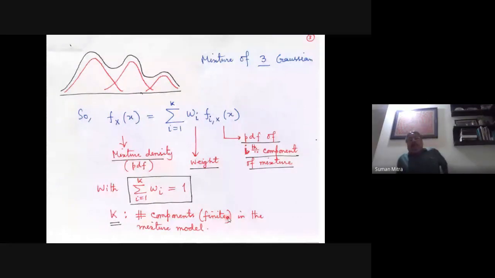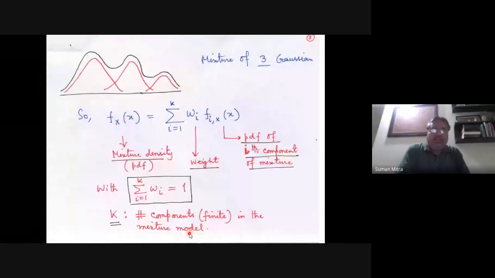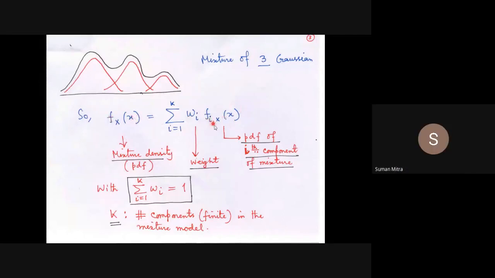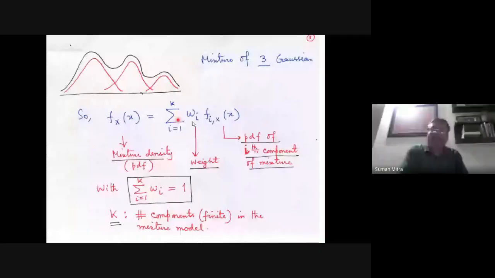So in this example, we are considering a k-component finite mixture model, and if each component of the finite mixture model is a Gaussian component, then we call the entire thing a Gaussian mixture model.